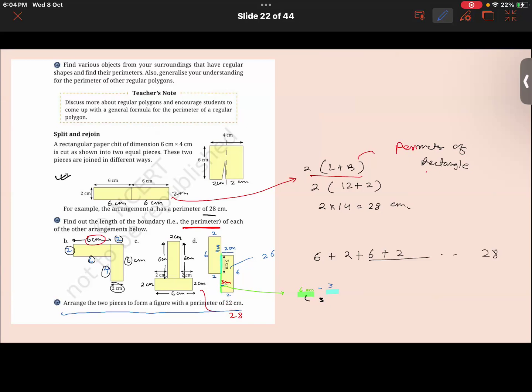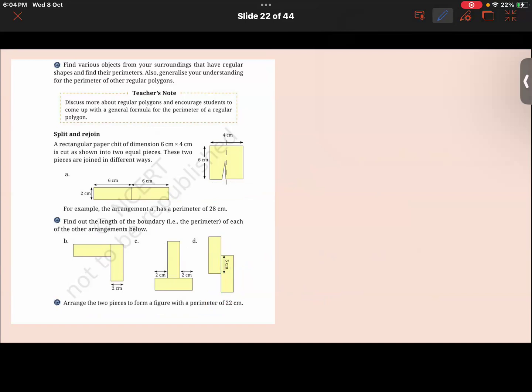I can't see the board. Better now? Yeah, better.